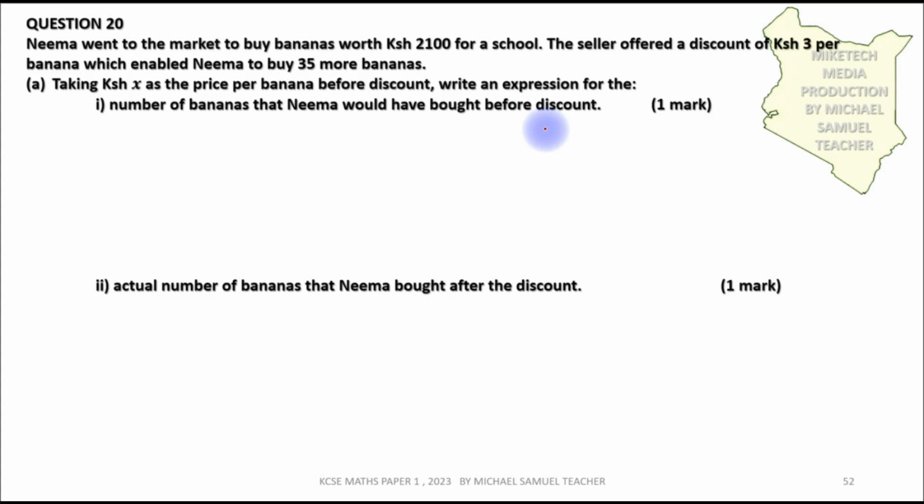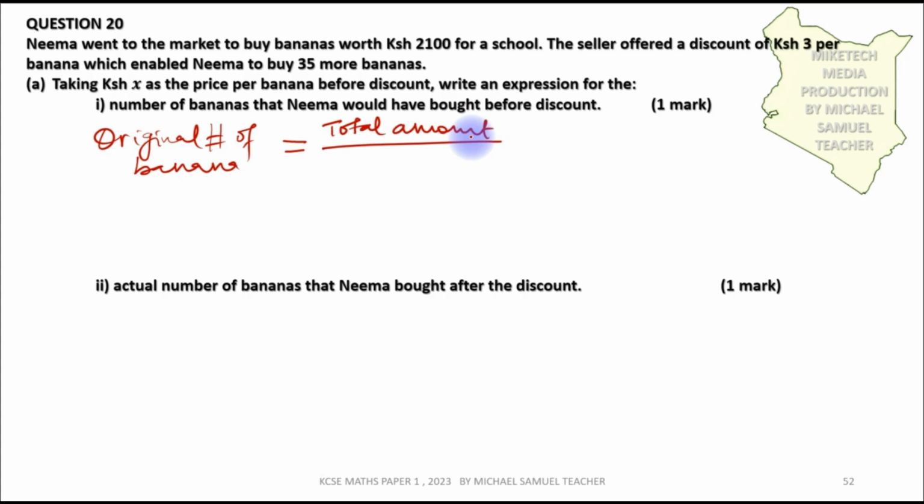So, the original number of bananas, that is before discount, will be the total amount divided by the price per banana.